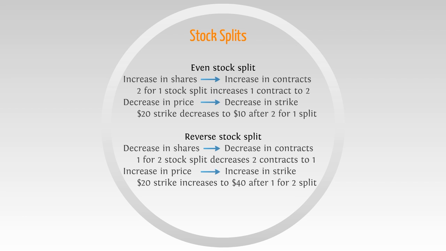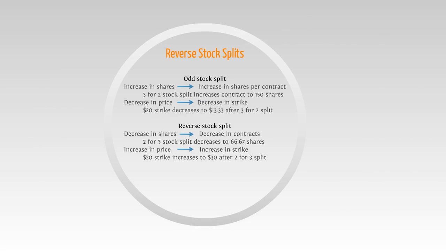Stock splits are, of course, going to affect our options because the number of shares is going to change. The economic value, the overall market value, isn't going to change, but the number of shares and the price will change, and they're going to move in opposite directions so that the total is the same. If you have a stock split, you're going to have a decrease in the strike price and an increase in your contracts, and the reverse for a reverse stock split.